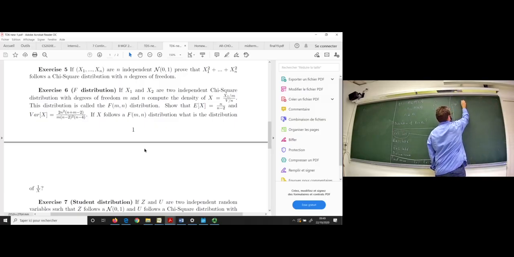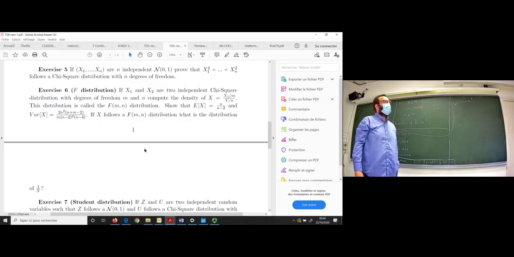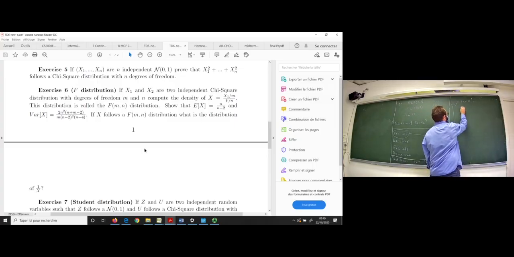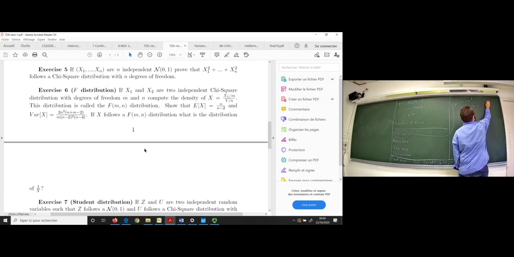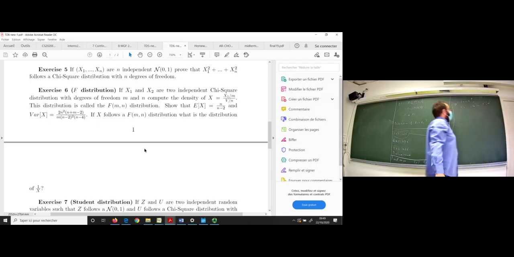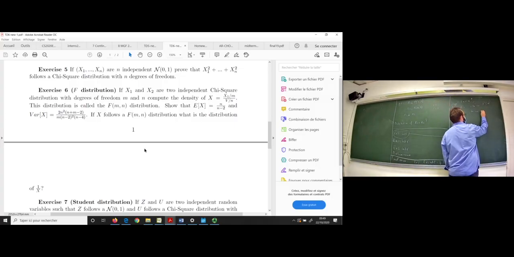So what I have to prove is that for all n belonging to N star, if I write the statement in a slightly different way, X1 squared plus ... plus Xn squared follows a chi-square of parameter n if X1, ..., Xn are, so here I use n, independent N(0,1).